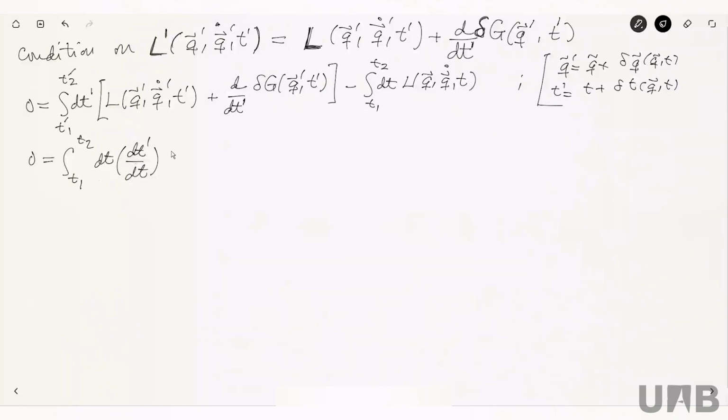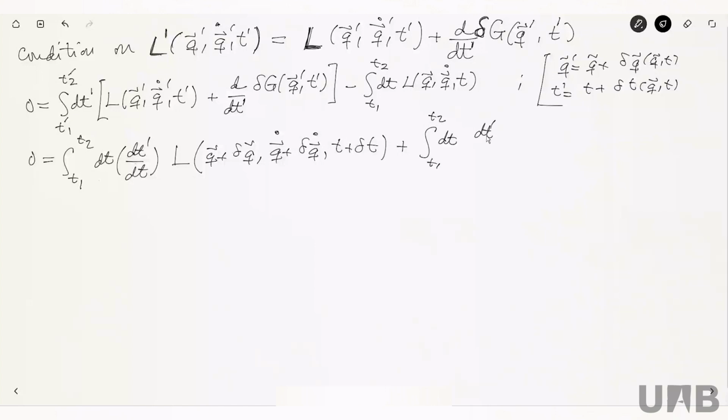So let's rewrite the first term. So that's going to be L of q prime, which is q plus delta q, q dot plus delta q dot, okay? And then t plus delta t. So that is the change of variables of the first term. Now comes the one with the delta g, right? So that's again integral dt from t1 to t2.